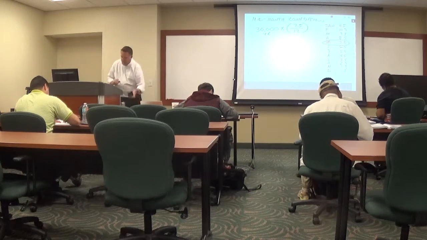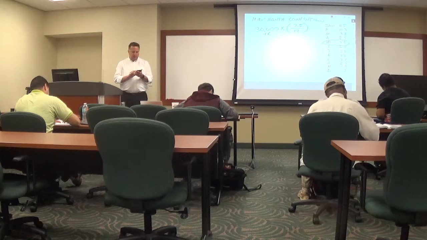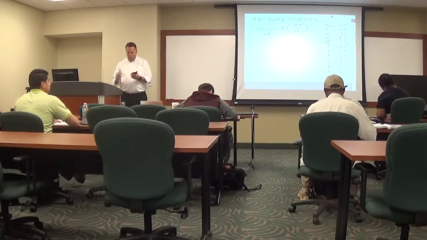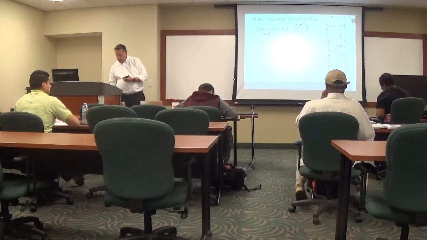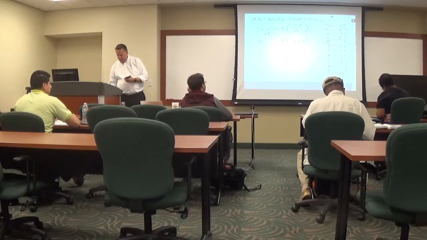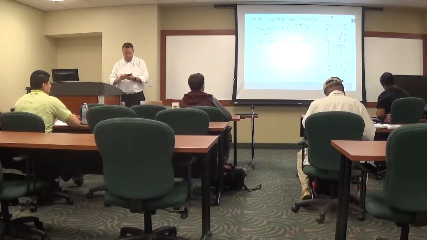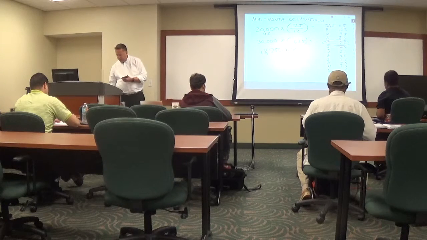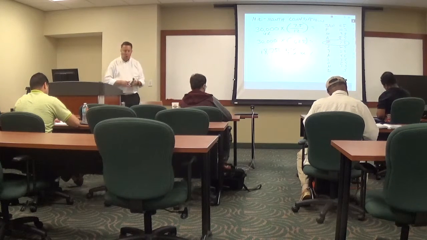So you would simply take 7.5 divided by 12, which would be 0.625, and multiply that by that depreciation amount, and that would give us $18,750 of depreciation for year one.